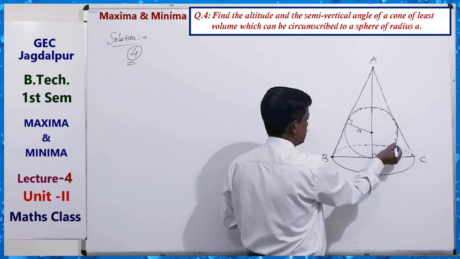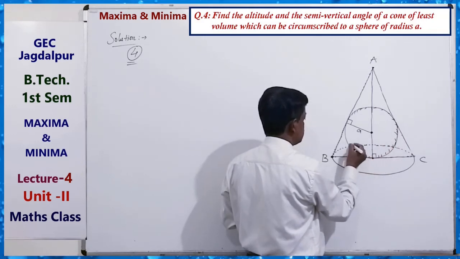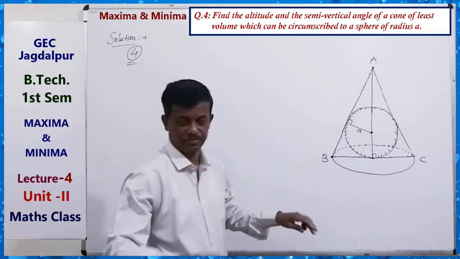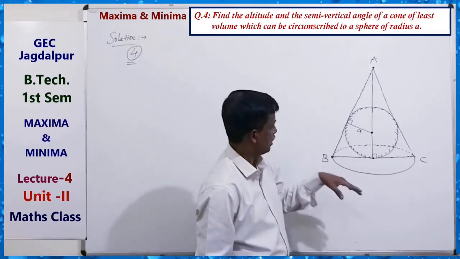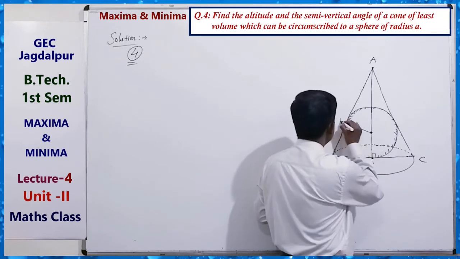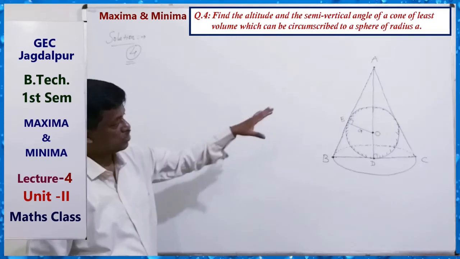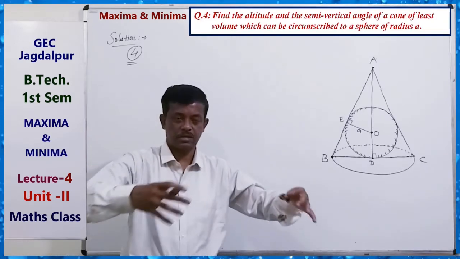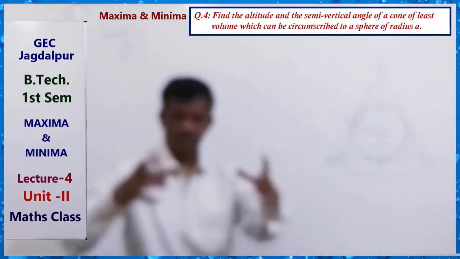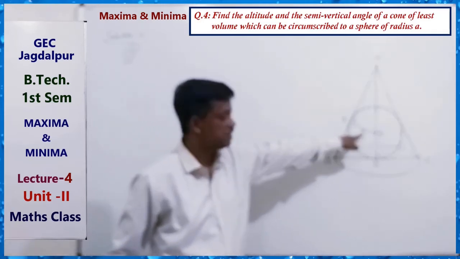This is the diagram for the sphere, and this is cone ABC, and this is D. Suppose this is D, this is E, this is O. So we draw this cone circumscribing this sphere, a sphere having radius a.